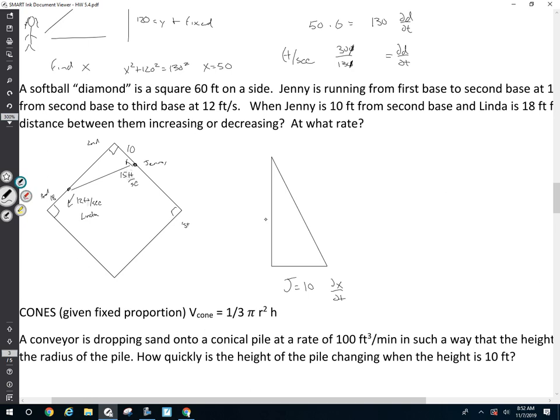Linda is 18 feet from third. 60 minus 18 will give me 42. She's going to be 42 feet from second. It looks like second base is what we're going to focus on.